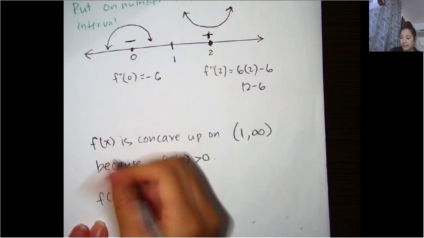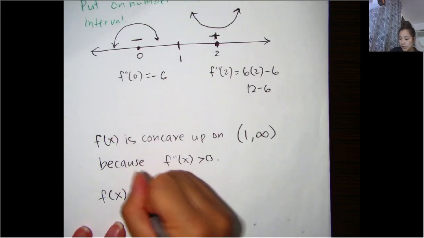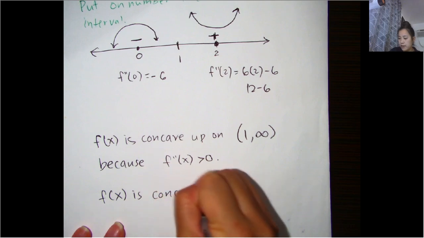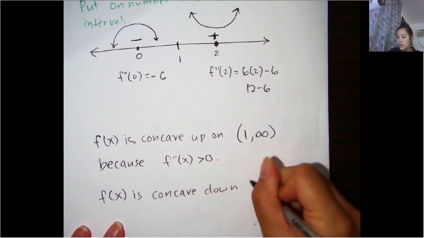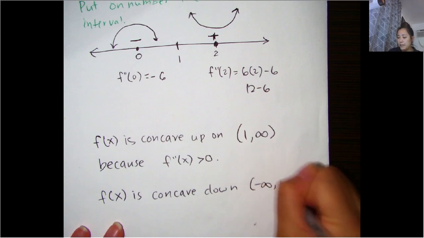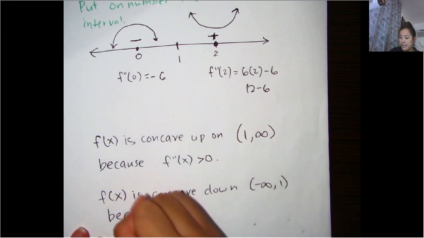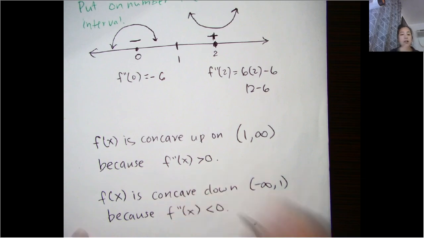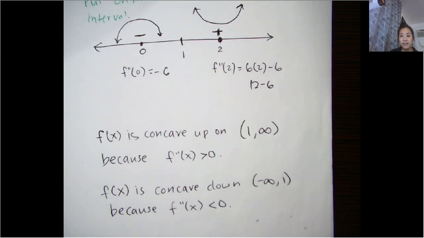And then f of x is concave down from negative infinity to 1. That's because f double prime of x is less than 0 on that interval. Okay, so there we have it. We found the intervals of concavity.